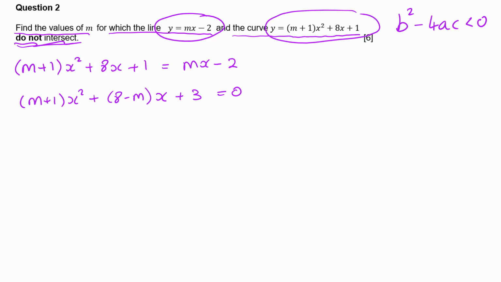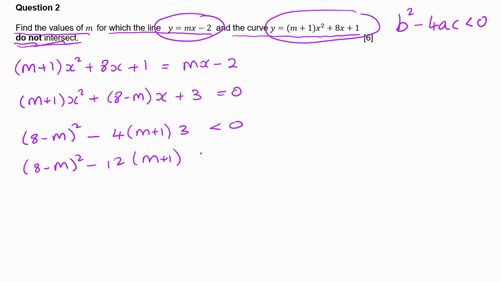So, we will get (8 minus m) squared, take away 4 times (m plus 1) times 3 is less than 0. Or (8 minus m) all squared, take away 12(m plus 1) being less than 0.